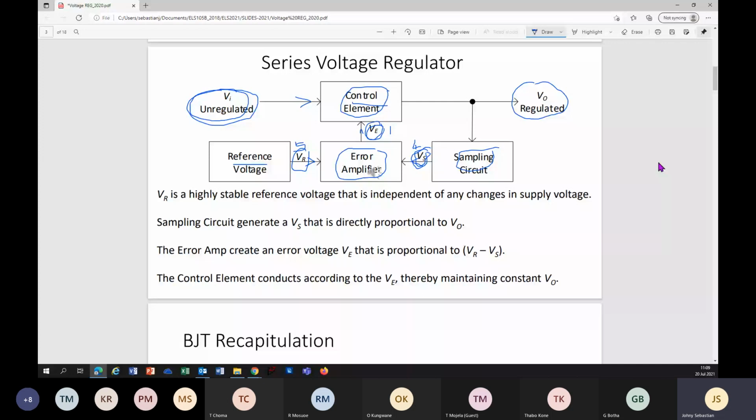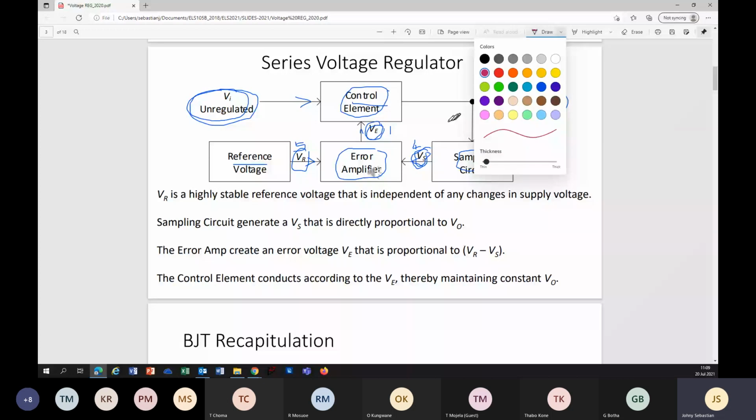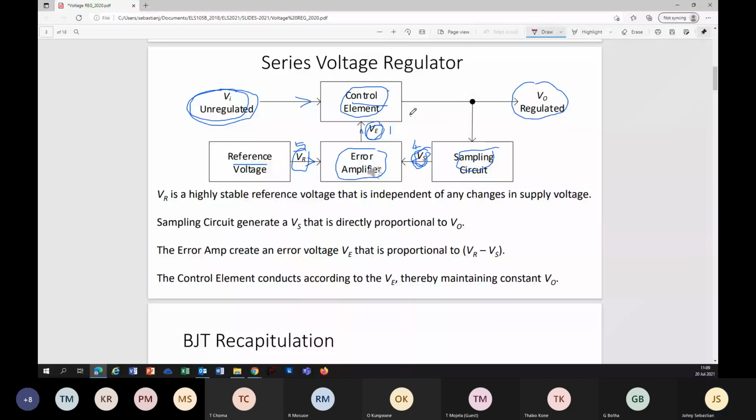Now, what is going to happen in this kind of circuit? You can see there is something called a closed loop. Look here, from the control element through the sampling circuit, through the error amplifier, this is a closed circuit now. What's the problem with a closed circuit?